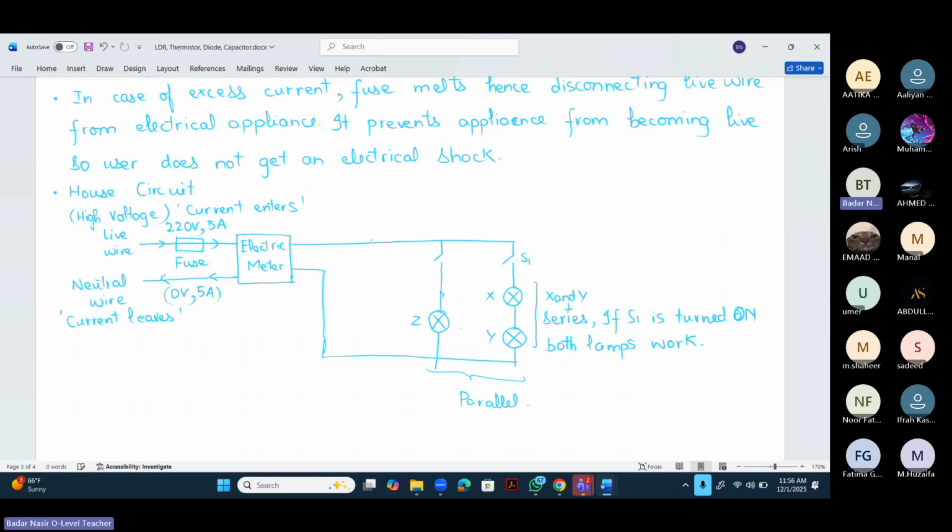Now let's say I have another one, here I have connected a motor. This is the symbol of a motor.